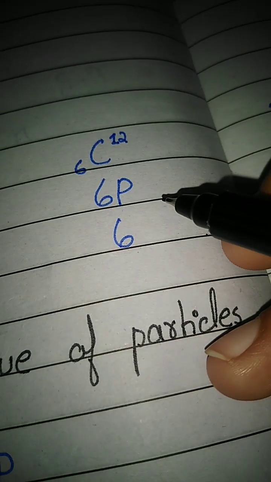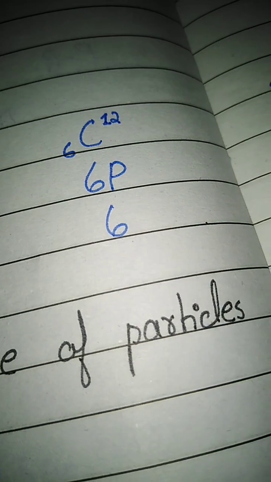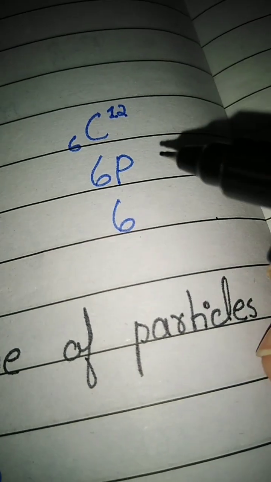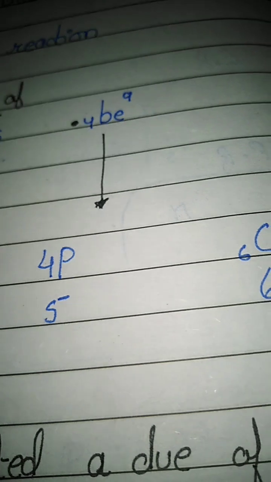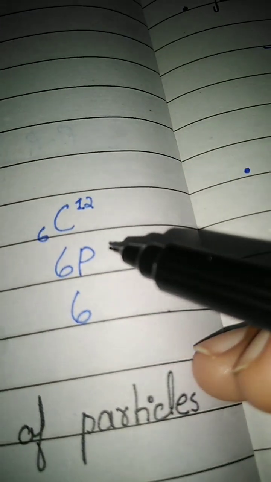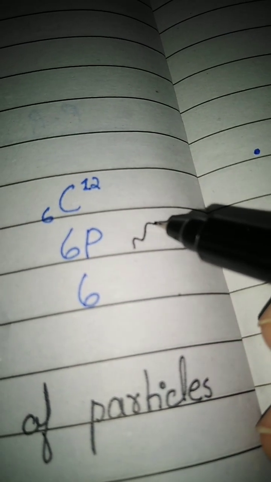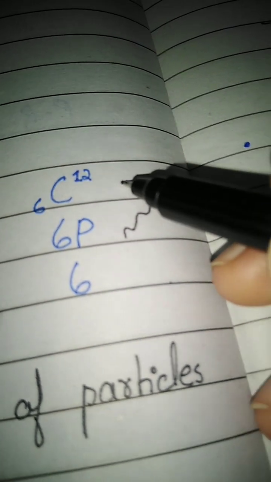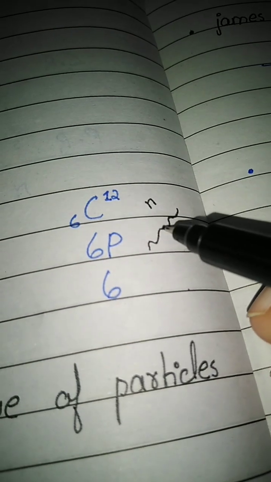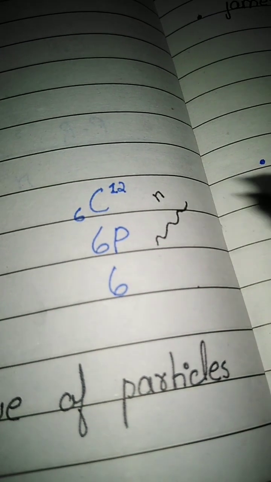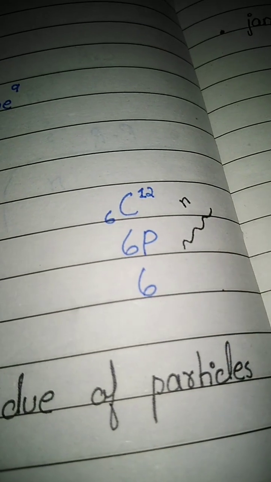When he took an experiment, he made it clear that when he reacted the helium or alpha rays with the beryllium, the carbon atom is formed, and after the formation of the carbon atom, a type of ray came out, and that's the neutron. He gave the name of that particle as neutron. This is how James Chadwick discovered the neutron.